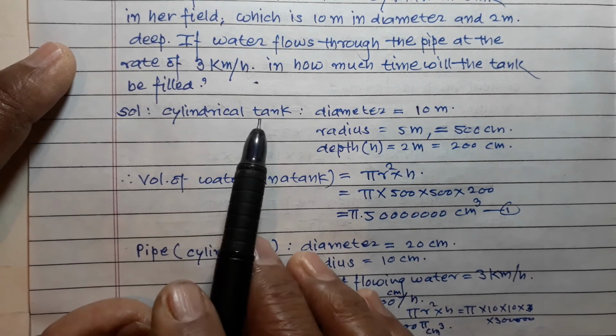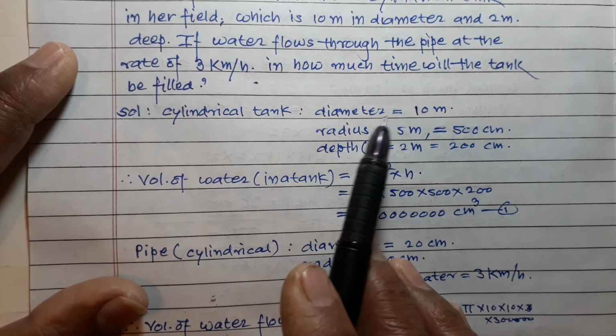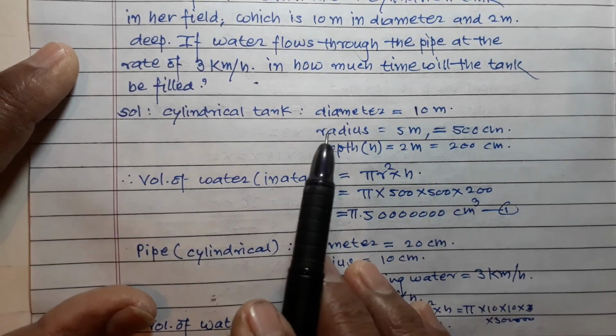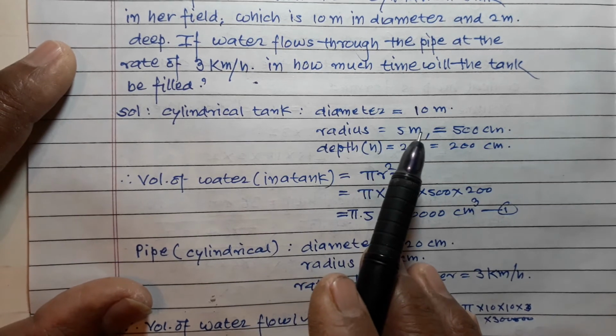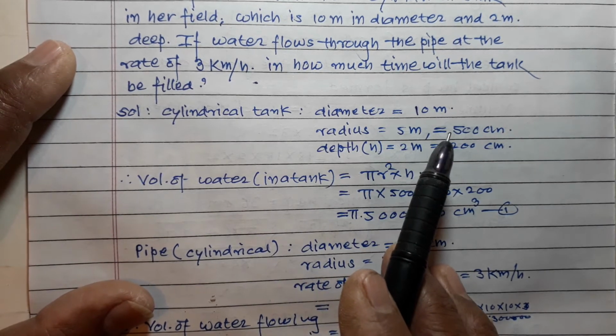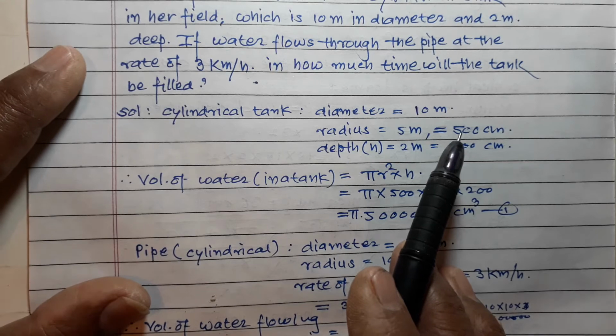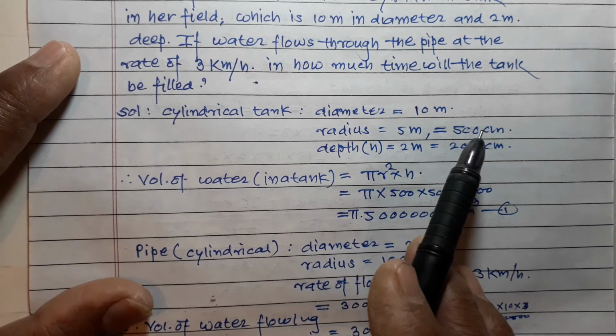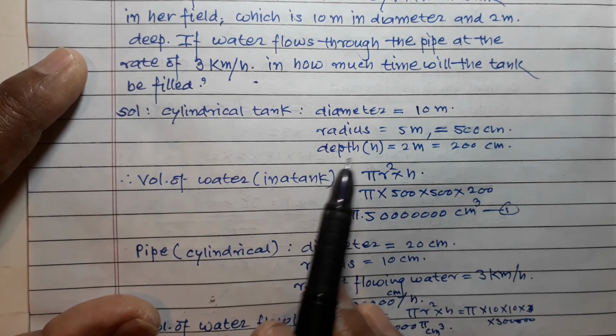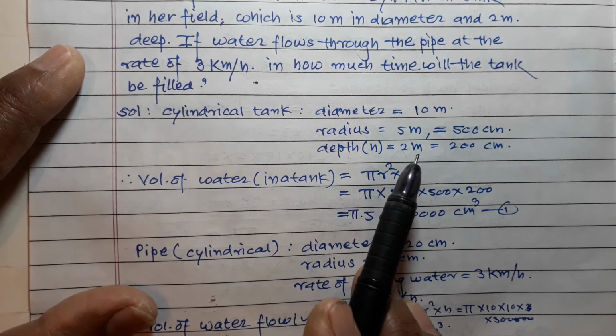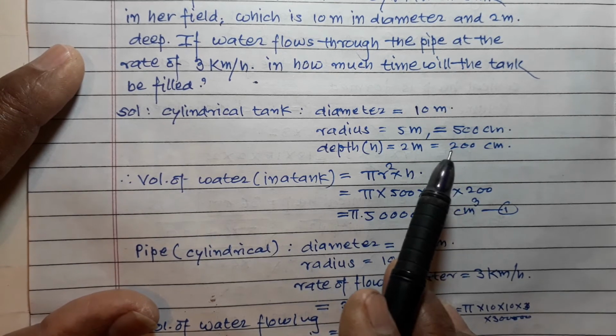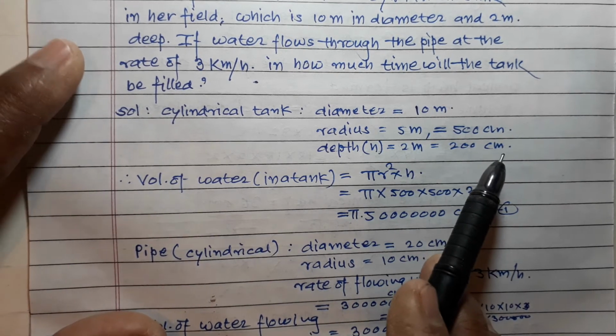Solution. Cylindrical tank diameter is equal to 10 meter and therefore radius is equal to 5 meter, which is 500 centimeter. Depth h is equal to 2 meter, that is 200 centimeter.